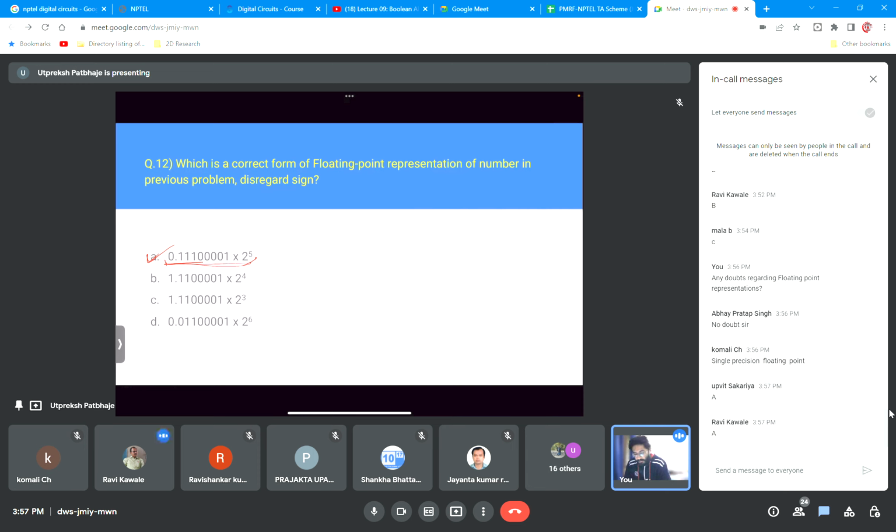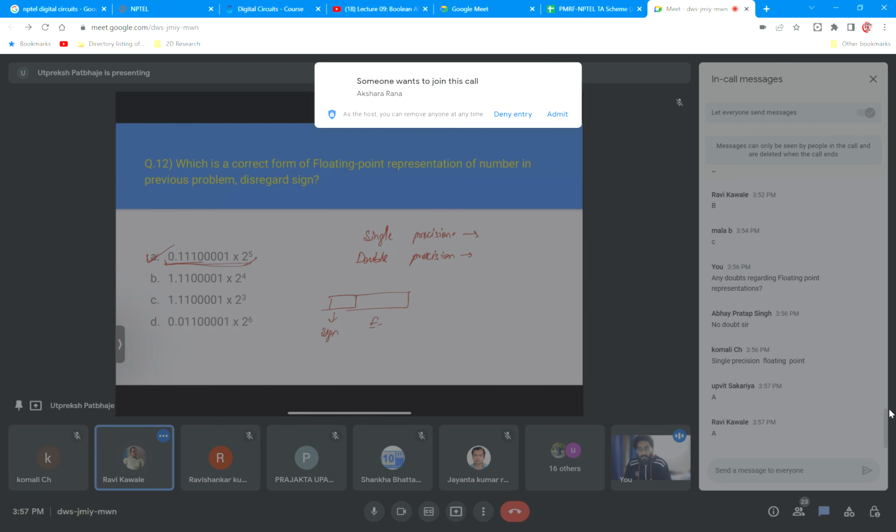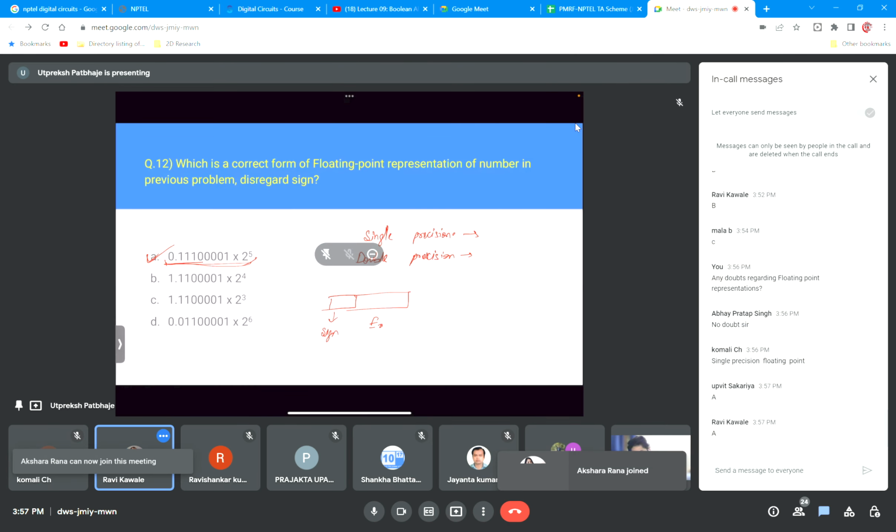So what happens in single precision and double precision? These are two kinds of floating point representations. So here the number of bits that you use defines the precision. So earlier we have discussed, this first one is for sign, this is for exponent, and this is for significand.